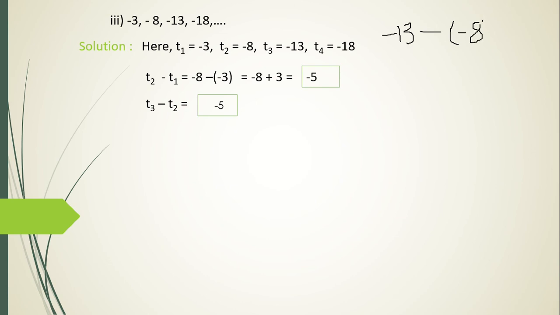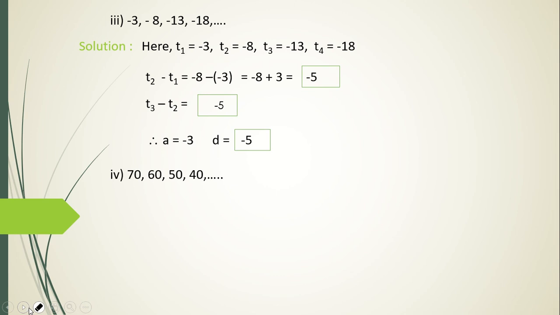Now you have to do this in the rough work, at the side, the corner. In the box you will be just writing the exact number. Minus 13 plus 8 is again going to be minus 5, right? So here the common difference is minus 5. A is equal to minus 3 and D is equal to minus 5.